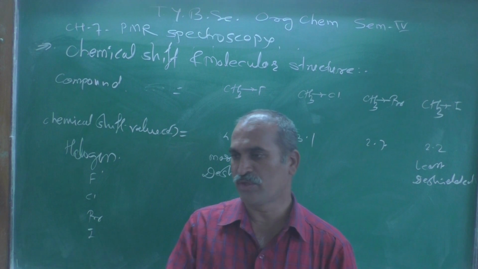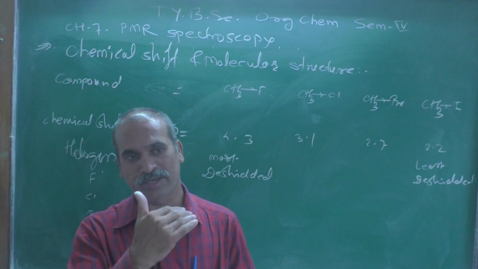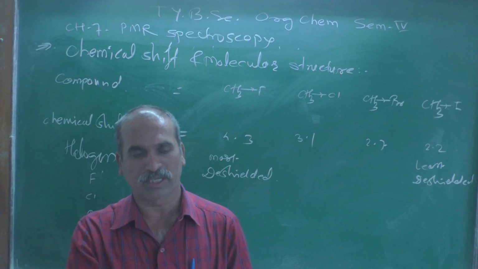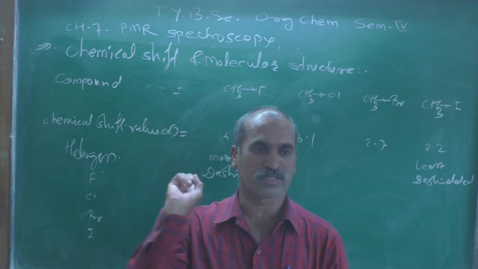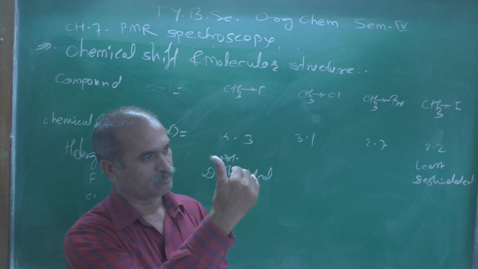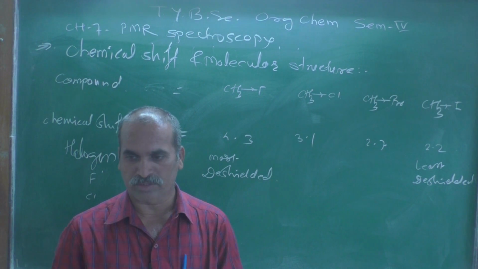The trend of electronegativity in the periodic table is generally seen moving across the period and moving from top to bottom.